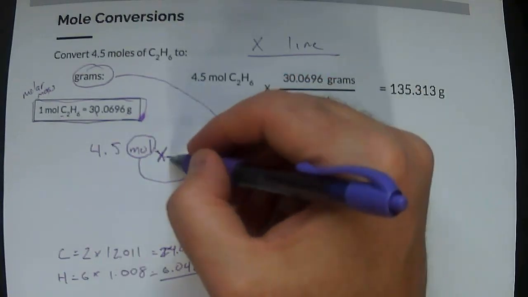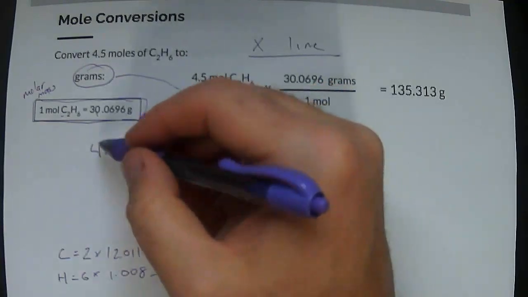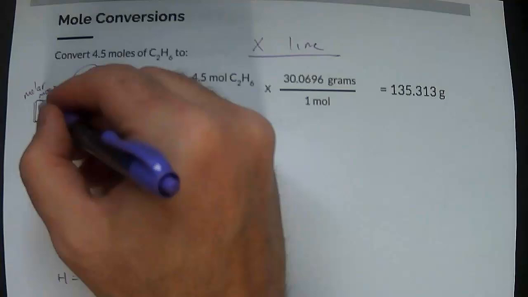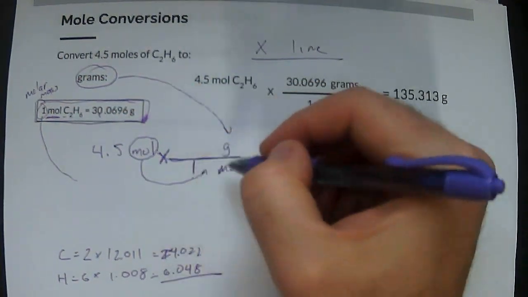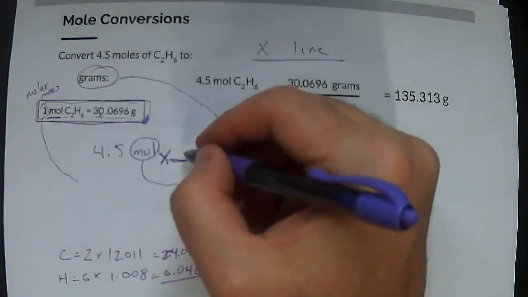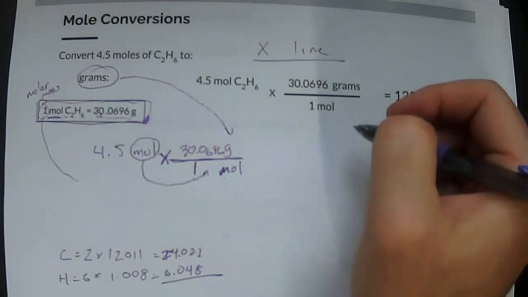Now, once we set up the problem correctly with the units, we're going to go back to here. And what number goes with moles? 1. So now moles are on the bottom, so we're going to put 1 mole on the bottom. What number is with grams? 30.0696.